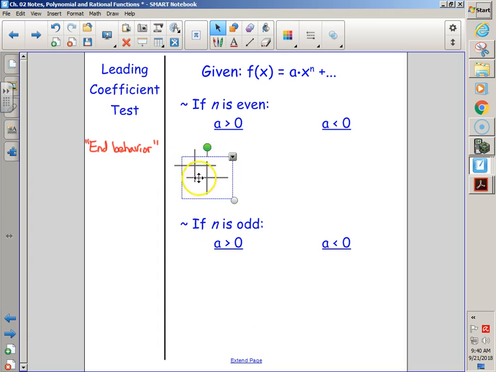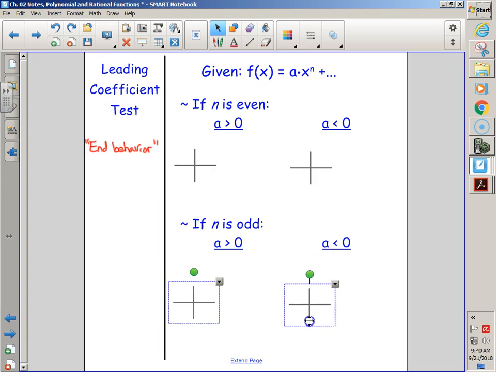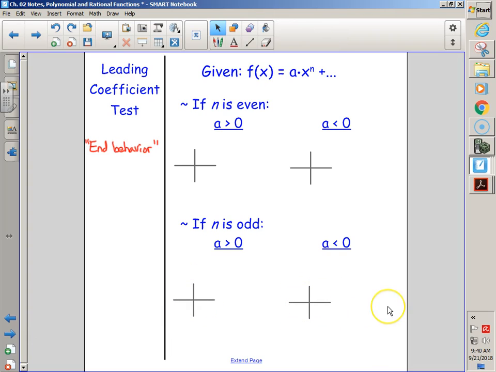Okay? If n is even, if n is odd. If a is greater than 0, we just talked about n is even, concave up like a cup, it looks like a parabola.